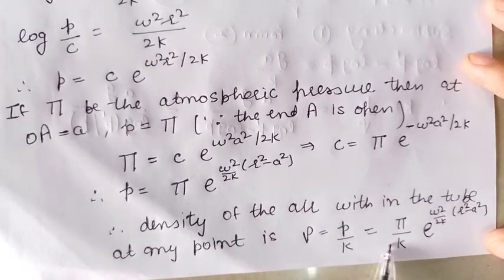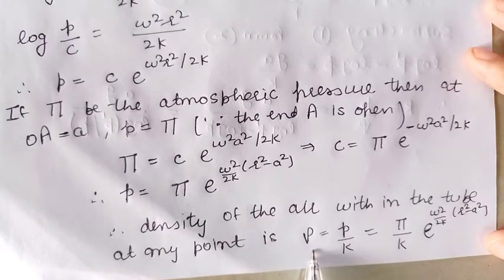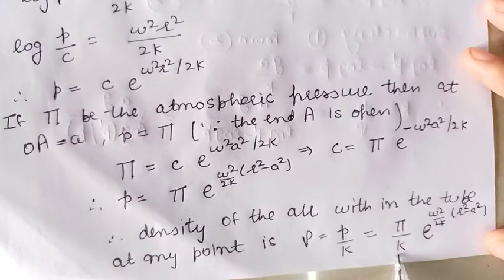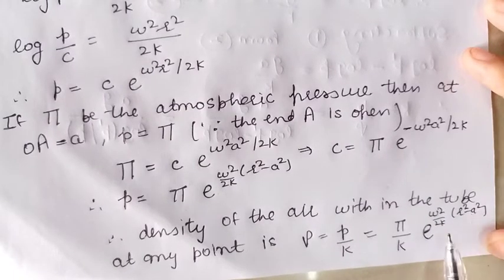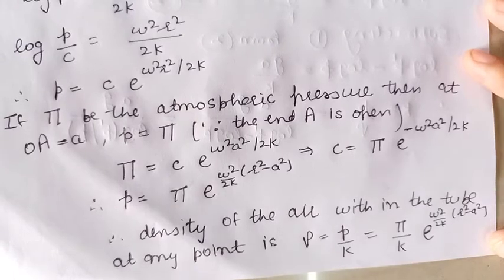So putting the value here, we get the density within the tube at any point, given by pi upon K into e raised to the power omega square into r square minus A square divided by 2K. So this gives us the density of the air within the tube at any point.